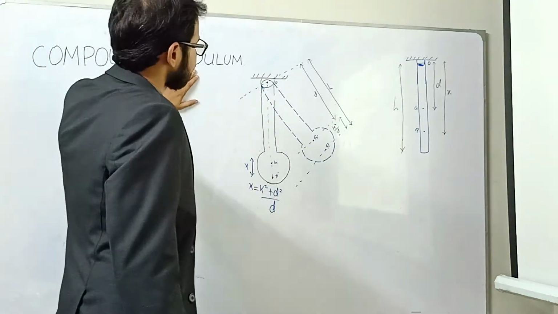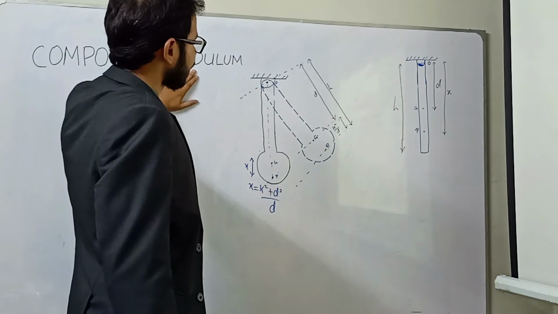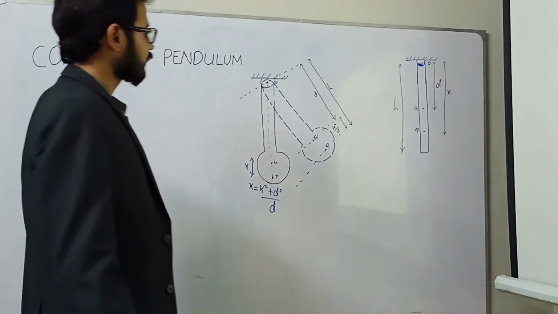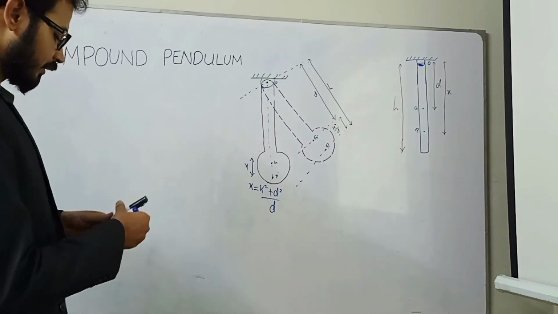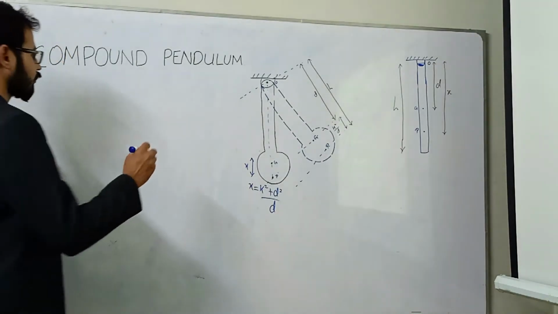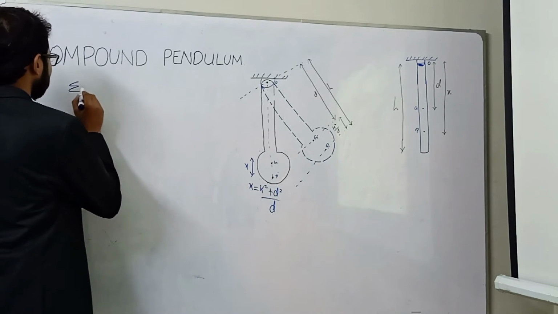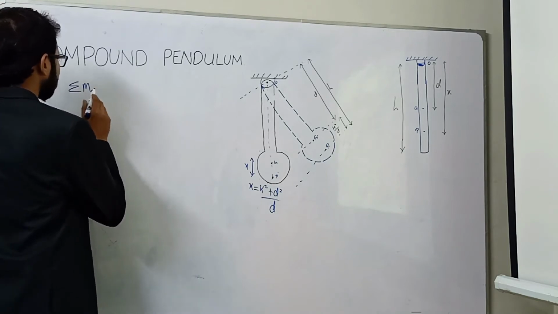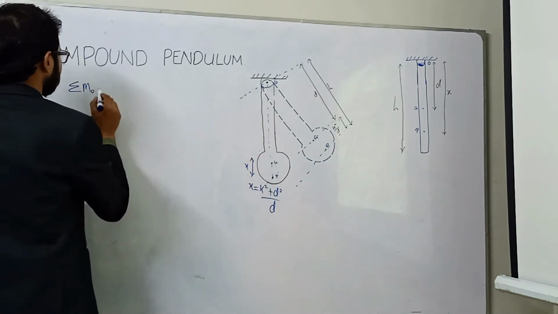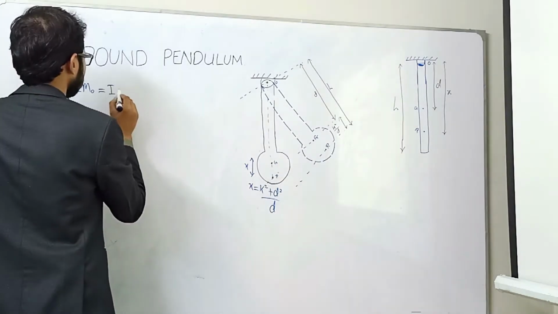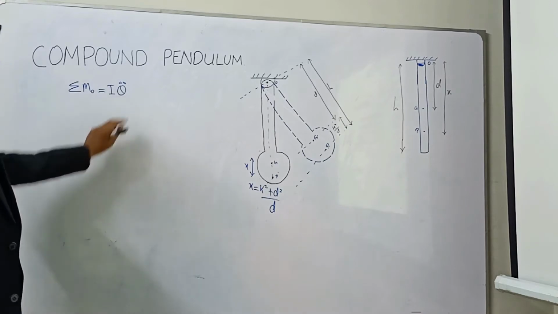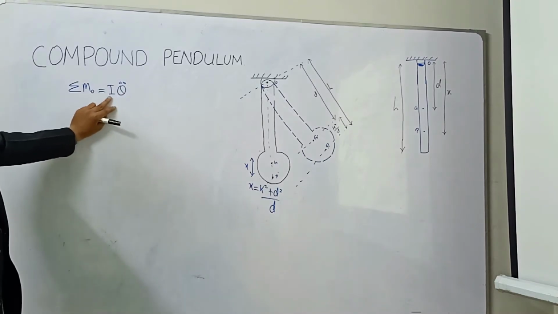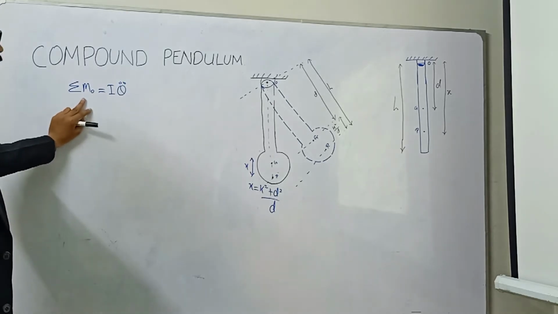In this case we have to derive the natural frequency of this irregularly shaped body. So let's start. In this case we apply the sum of all moments about the suspension point equal to I theta double dot. This is angular acceleration, this is mass moment of inertia, and this is the summation of moments.